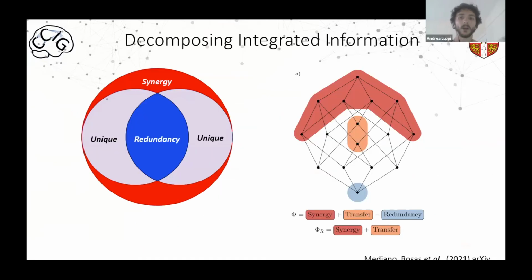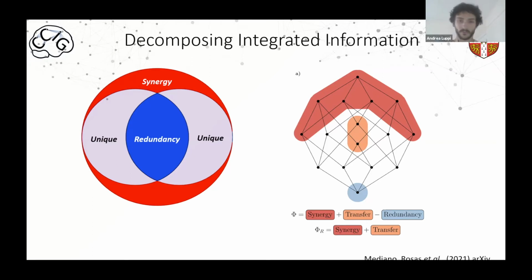Now, the reason why we are particularly interested in information decomposition and synergy in this particular talk is because integrated information decomposition has been shown to be a way to decompose integrated information, which is, as all of us I think know, a potential measure of consciousness proposed by Giulio Tononi and others.